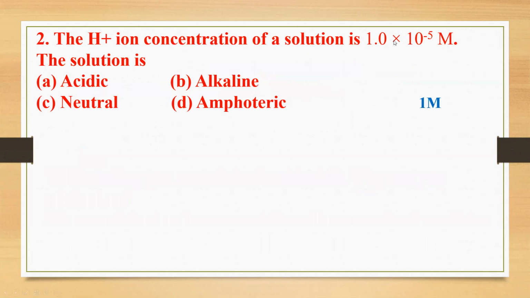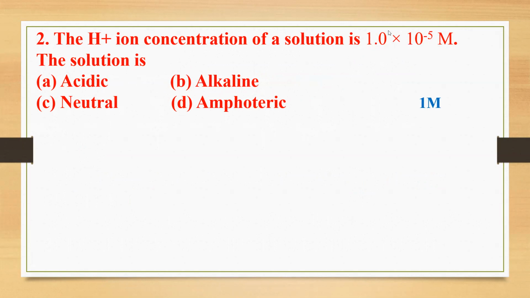Here, the H plus ion concentration of a solution is 1.0 into 10 raised to minus 5 M. The solution is either acidic, alkaline, neutral, or amphoteric. How do we know whether the solution is acidic, basic or neutral? By the pH value, isn't it?